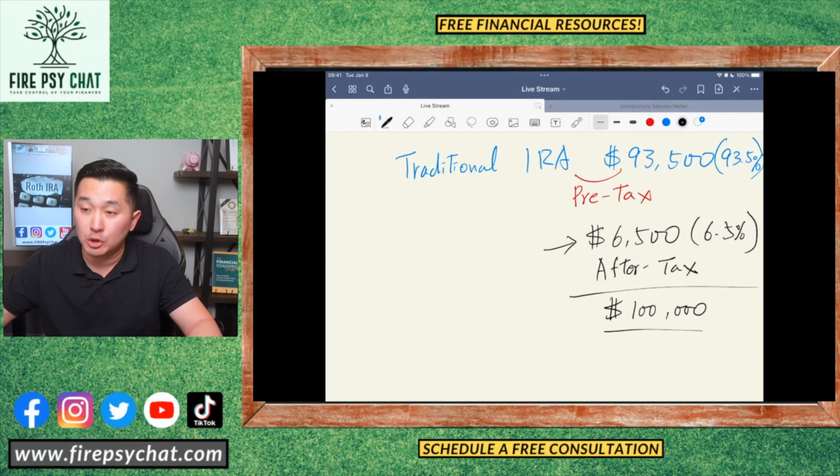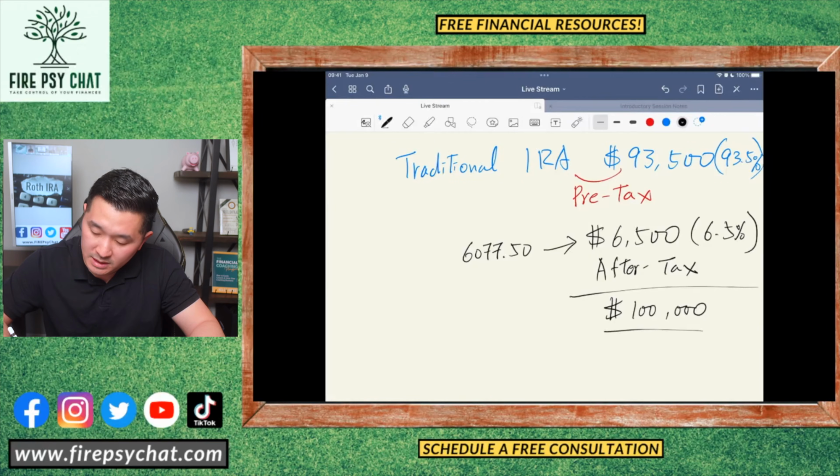So if my marginal tax rate, let's say I'm at a 24% tax bracket, then I would owe 24%. So what is that? 93.5% of 6,500 would be 6,077.50. So that's how much is going to get taxed out of the 6,500.